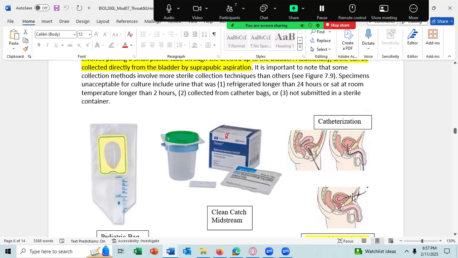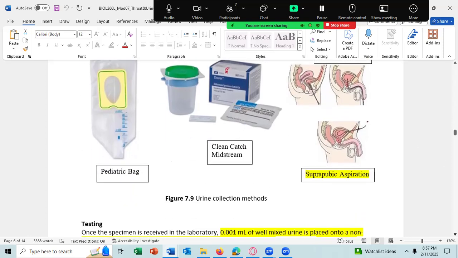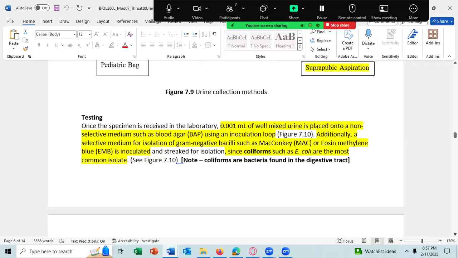However, patients do not like a suprapubic aspiration. To tell you the truth, they don't really like the catheter, and that's why the clean catch midstream is often done to obtain a urine sample from the patient. Plus, the patient can collect the sample themselves with that one.